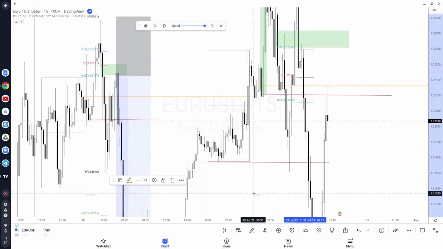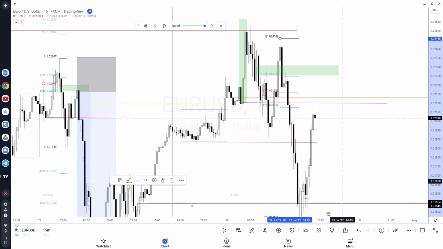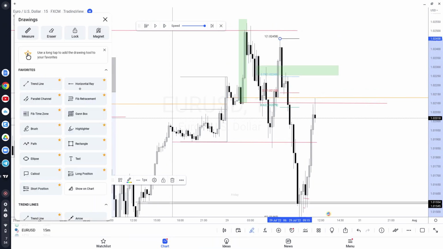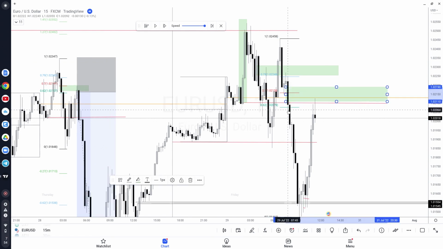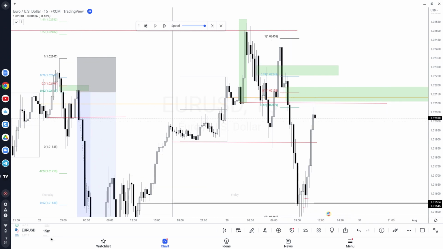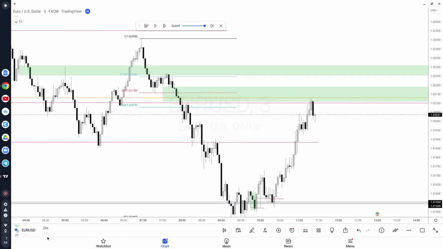So price is pushing to the fair value gap. You might say, why don't you take this fair value gap? You could take that fair value gap and monitor price at that fair value gap, but nothing happens once price reaches it.